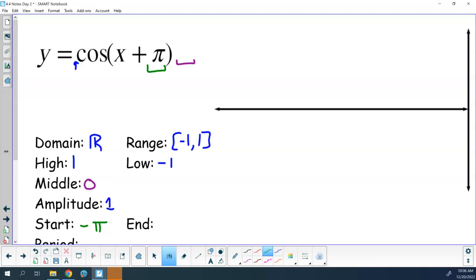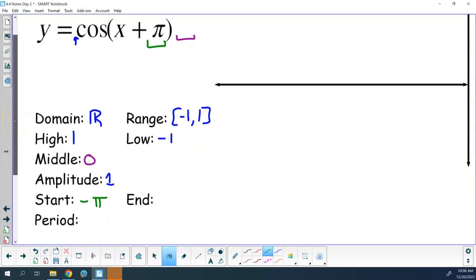The opposite thing oppositely, it's plus pi, that means I'm starting at negative pi. Okay? I got a 1 here, so that means that my period is 2 pi. Negative pi plus 2 pi would be pi. So that means I'm ending at pi.